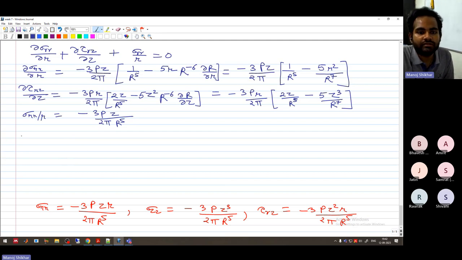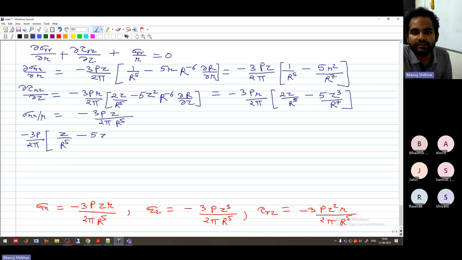And we can take minus 3p by 2 pi as common. So from the first equation, we will have Z upon R to the power 5 minus 5Z R square by R to the power 7. From the second equation, we will have plus 2Z by R to the power 5 minus 5Z cube by R to the power 7.